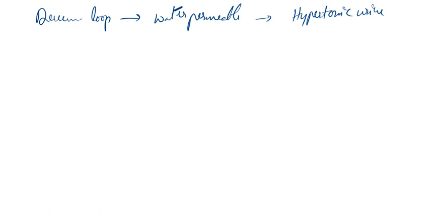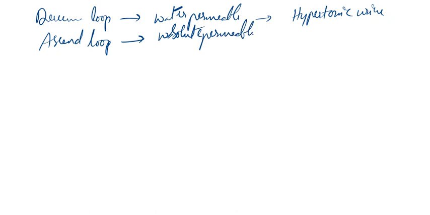Now if you take the ascending loop, which continues after the descending loop, it is solute permeable, which leads to hypotonic urine.